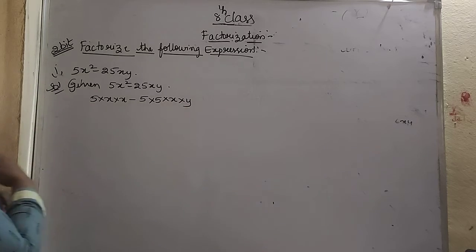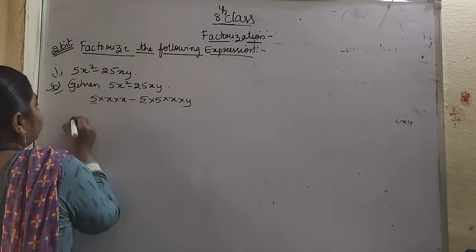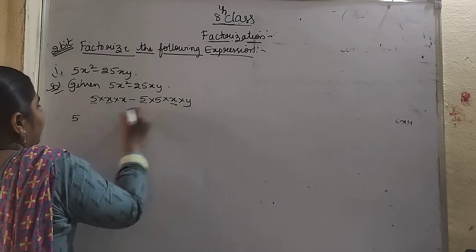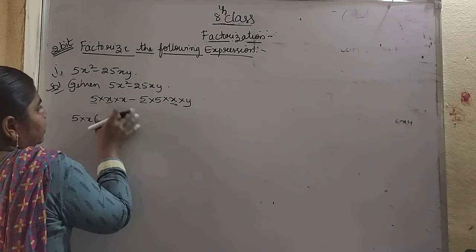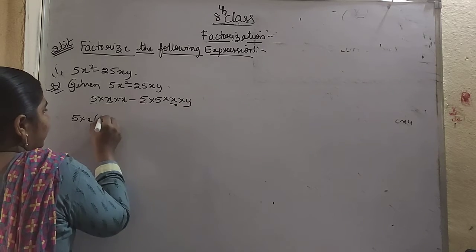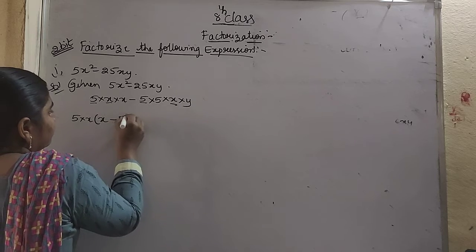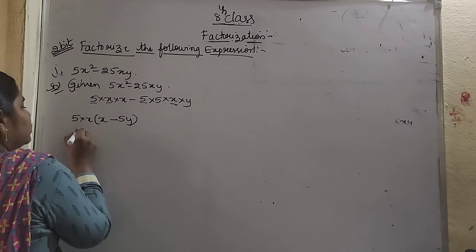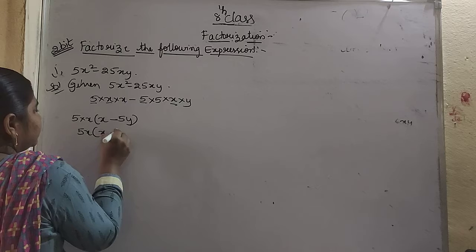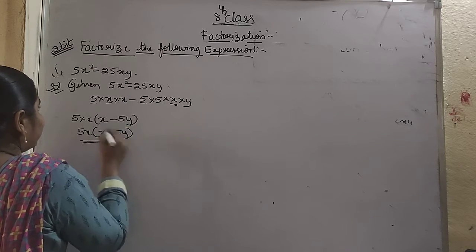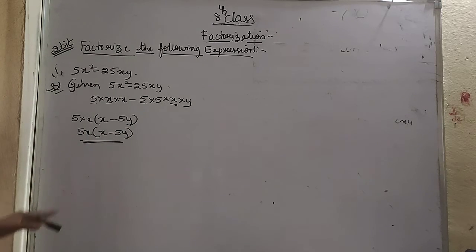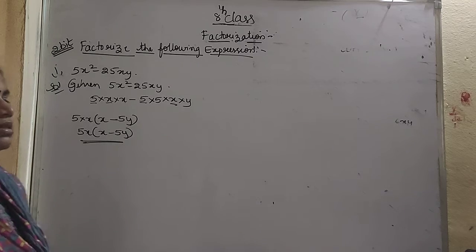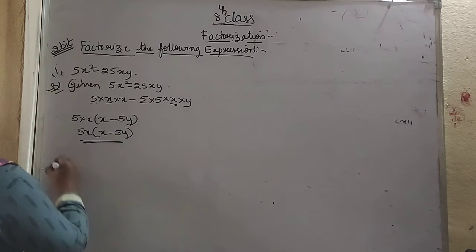So we have to take out the common terms, 5x. The remaining terms we arrange in the bracket, that is x minus 5y. So 5x into x minus 5y is the factorization of 5x square minus 25xy.